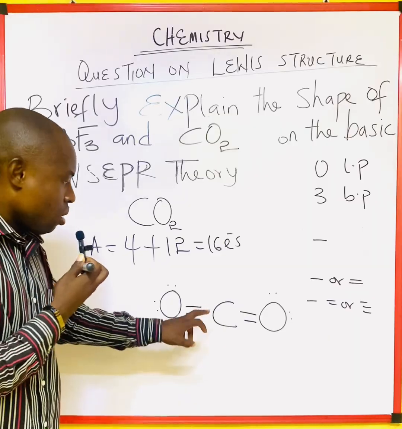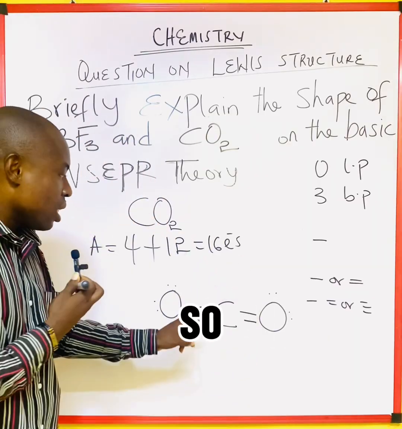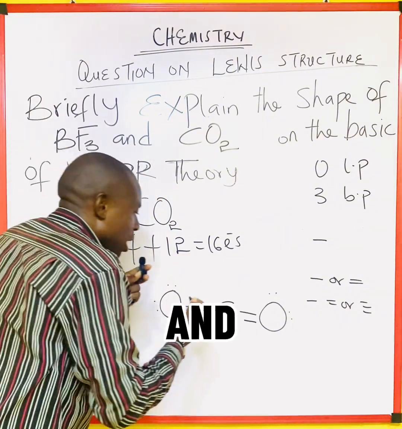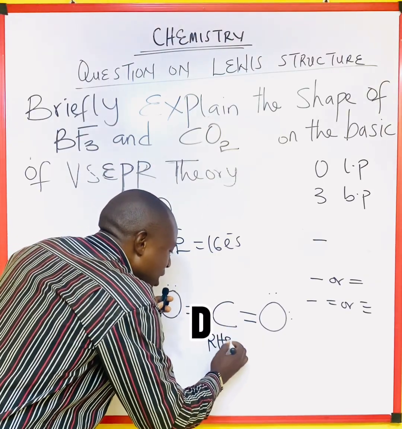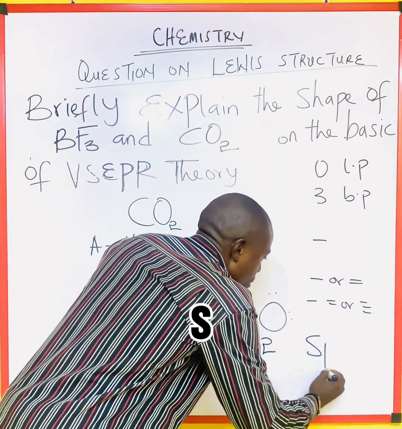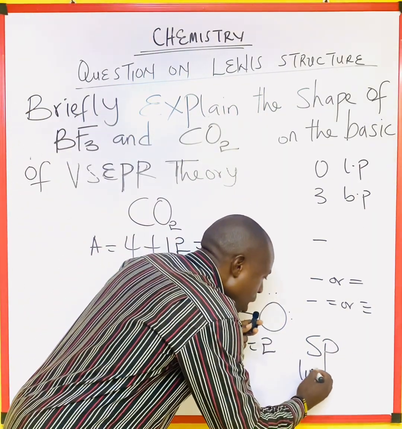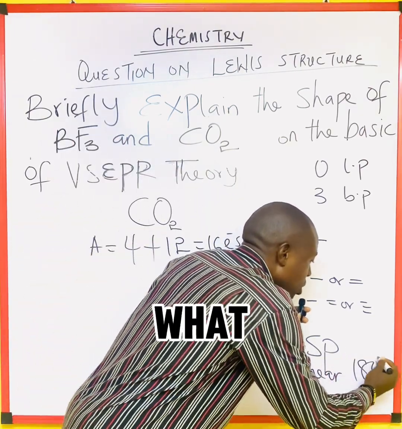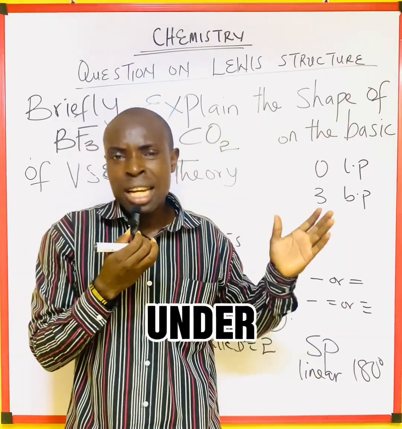A double bond is taken as one. So it has 2 bond pairs, and because the hybrid orbital is 2, it is simply sp. And when you are sp, you are linear, and when you are linear, your bond angle is 180 degrees.